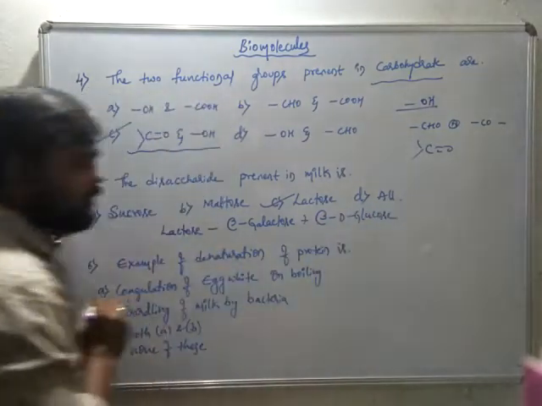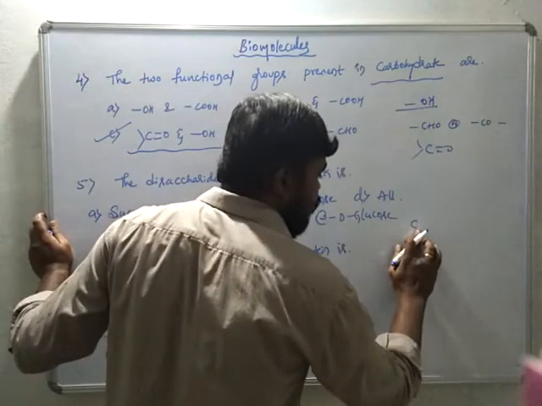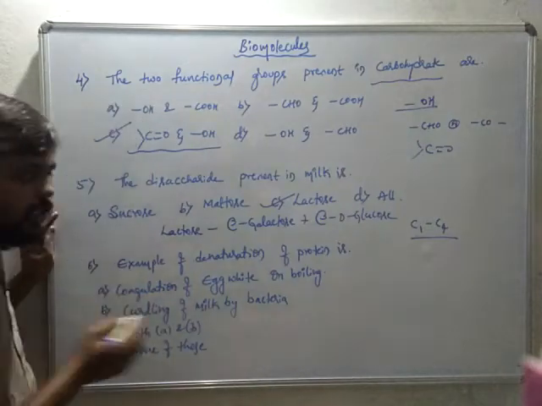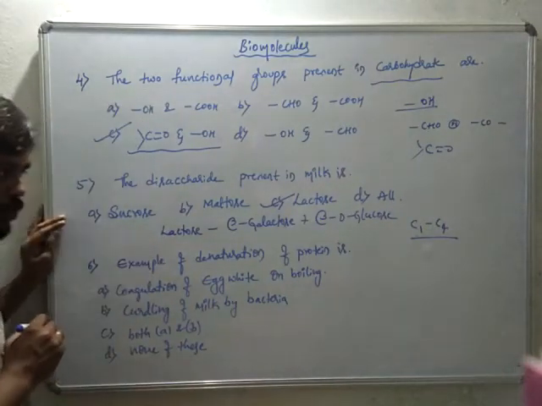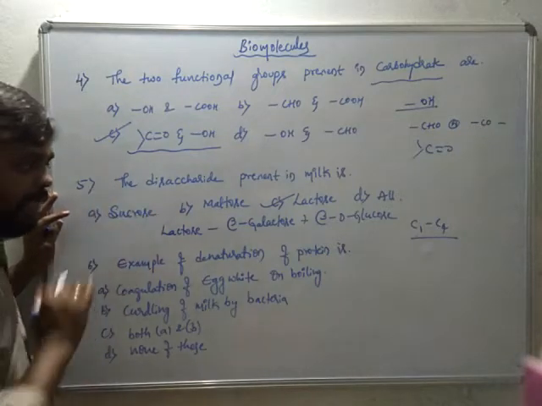These two monosaccharides are linked together through a C1 and C4 glycosidic linkage, so you get lactose. Hence, the disaccharide present in milk is lactose.